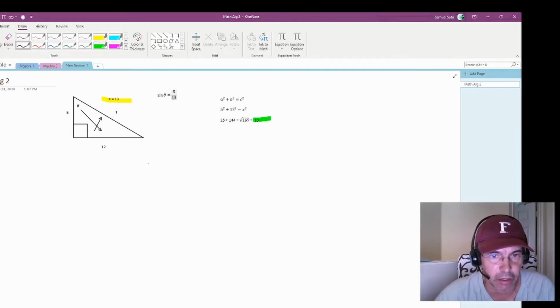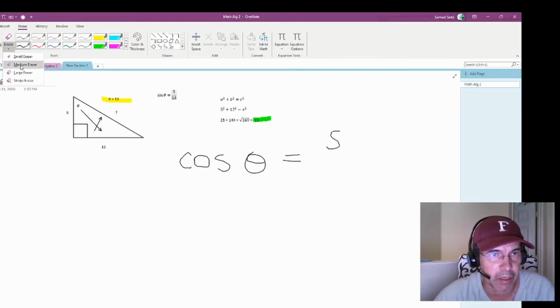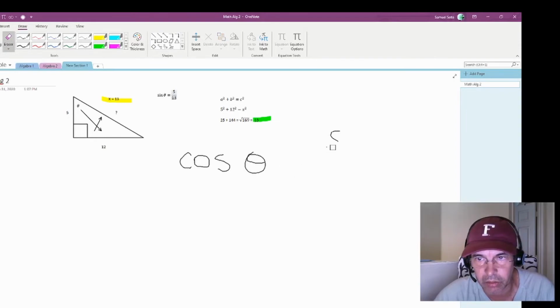You can write freehand here. For example, I could have done another way of doing this. Let's say I want the cosine of theta. I could have said this is equal to 5 over, that's maybe a little bit too big, so let me erase this a little bit. And let's go back here, and that is equal to 5 over 13.